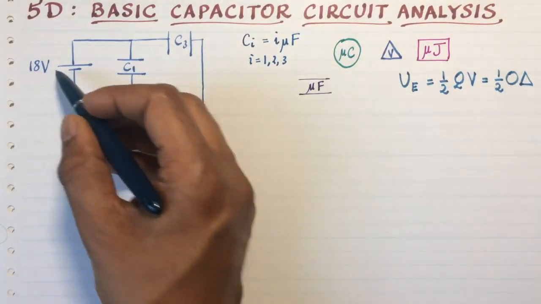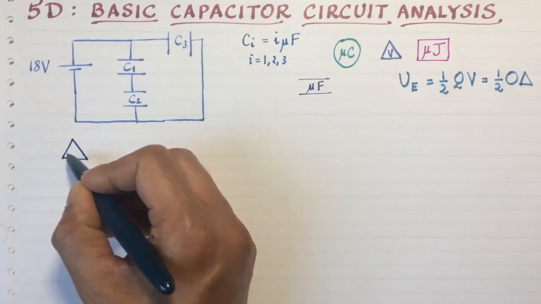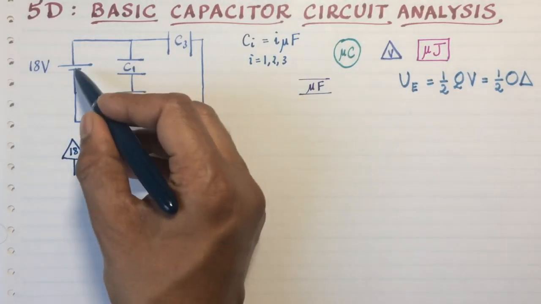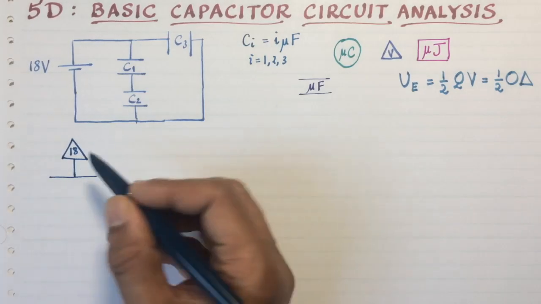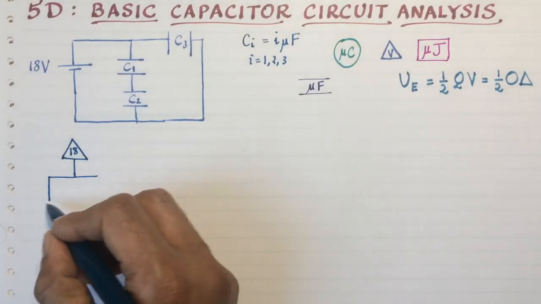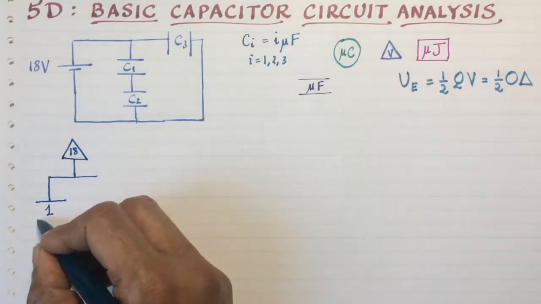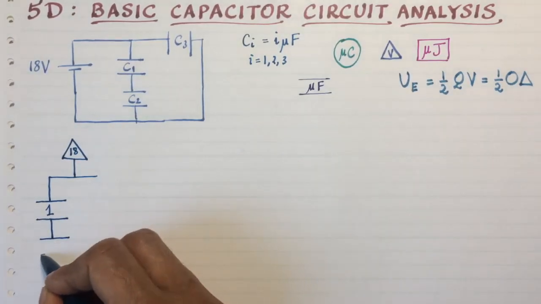So the first thing is to make this into a tree diagram. I take the 18 volts and put it right on top. Now it's going to branch out at this point. I'll indicate that here. The left branch is going to have C1 and C2, so that's going to be 1 and 2 between the plates.